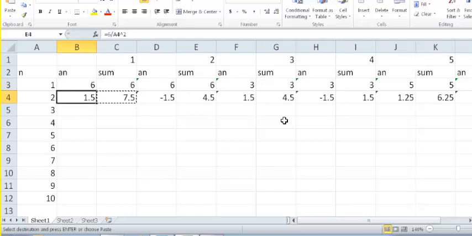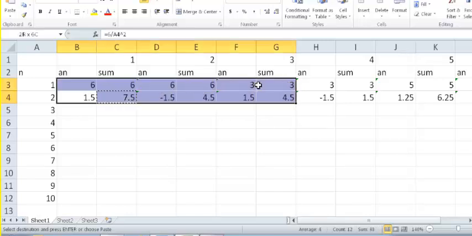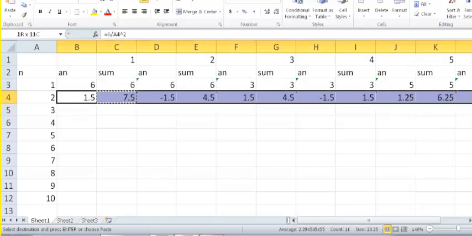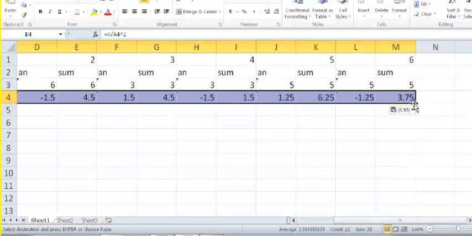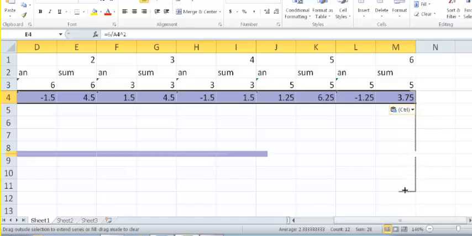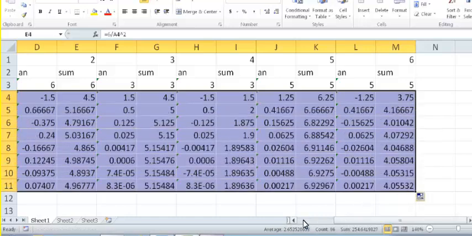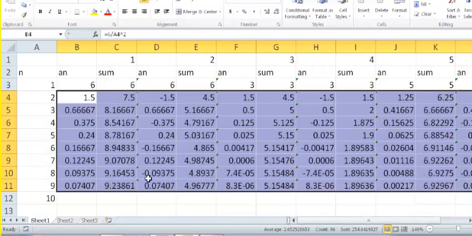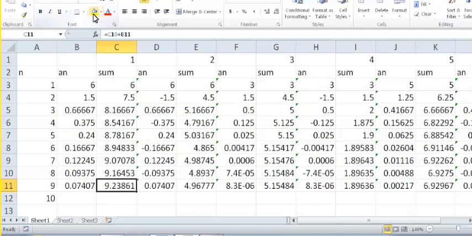So now we can just copy this whole row down until I get to row 11. And you can see these get really small quickly. So these are the numbers we should be looking at.